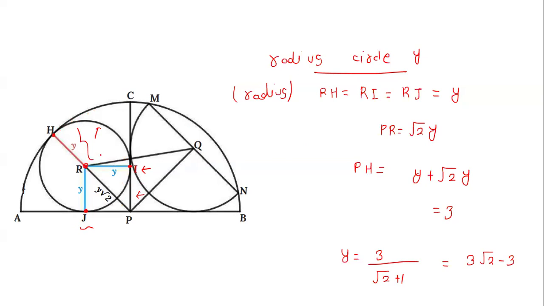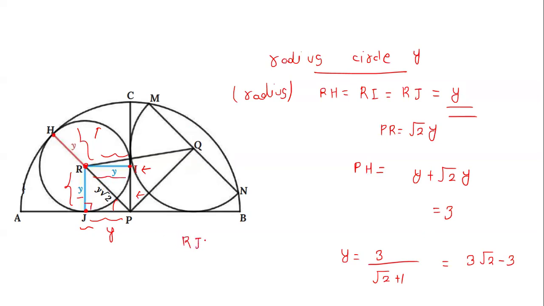So this horizontal distance and this vertical distance are all equal to the radius, which is equal to y. And we know this angle is 45 degrees, and this distance is y, and this horizontal distance is also y.